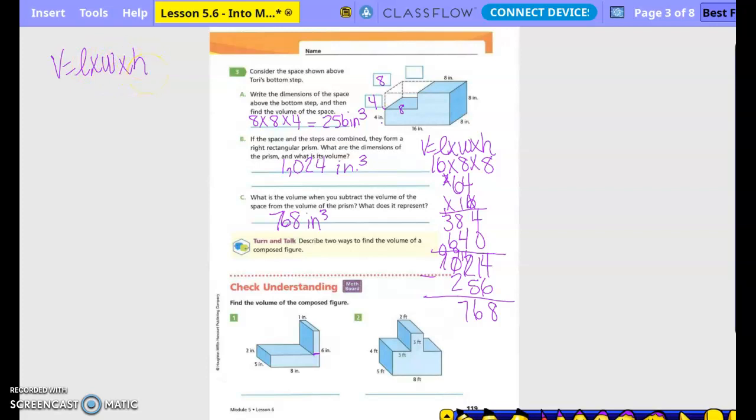Okay, so for the first one, it would be 8 by 5 by 2, which equals, what's 8 times 5? 40. 40 times 2 is 80. Okay, so that first one would be 80 inches cubed, right?